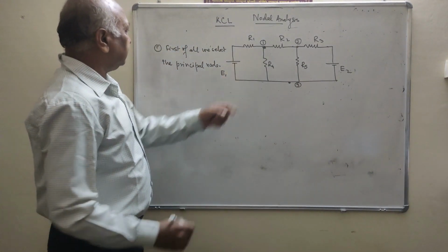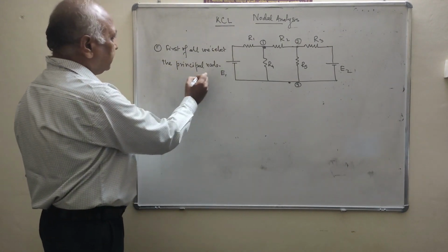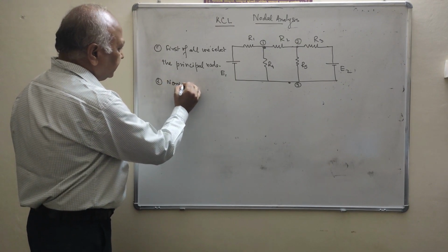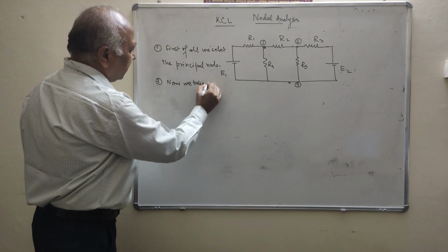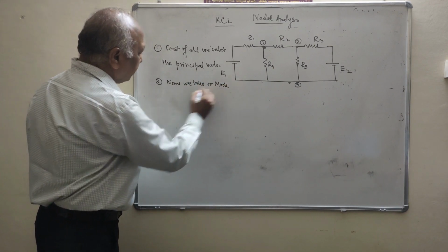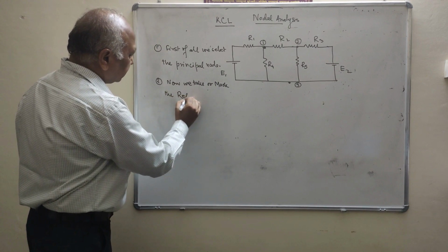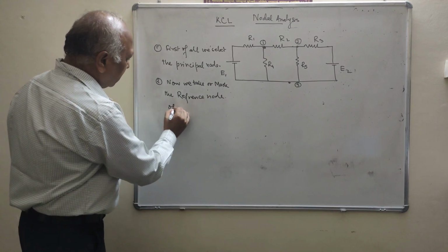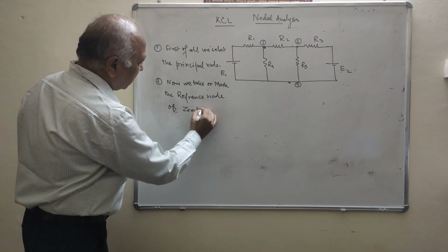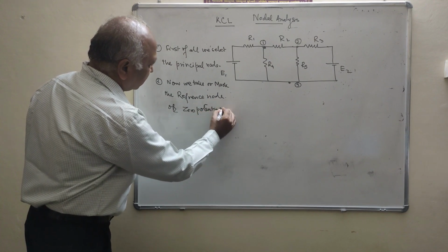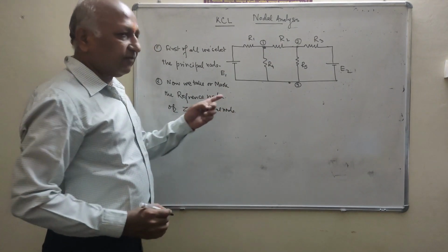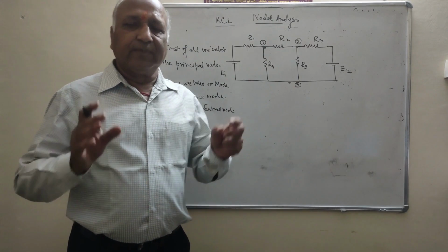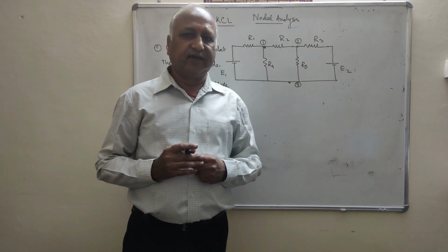Clear? Out of these, first of all, we select the principal nodes. Second, now we mark the reference node, or zero potential node. Clear? The reference node is that particular node where the maximum number of branches meet.